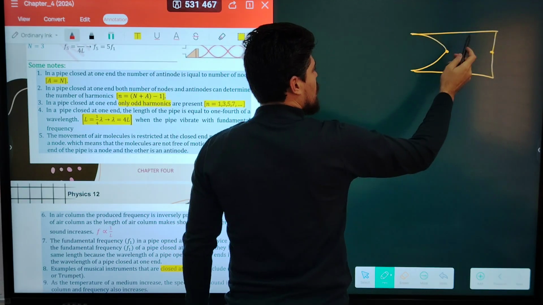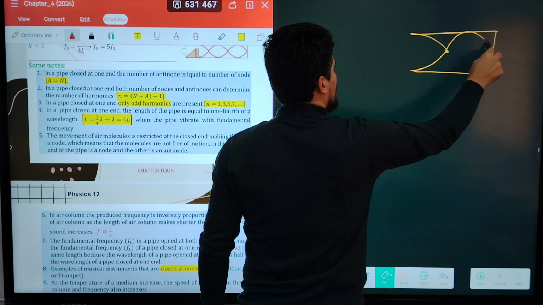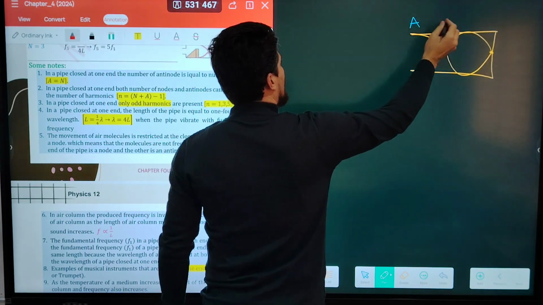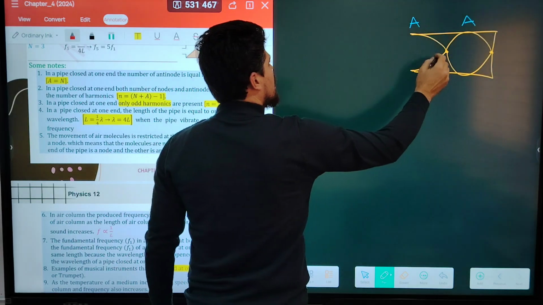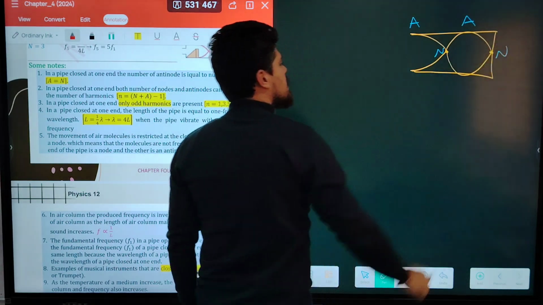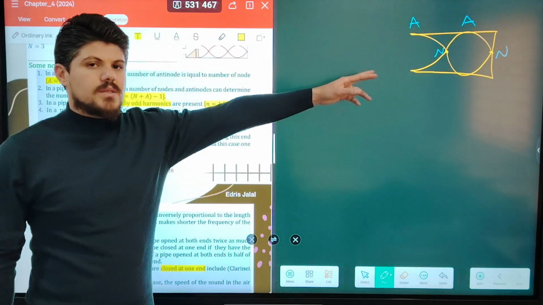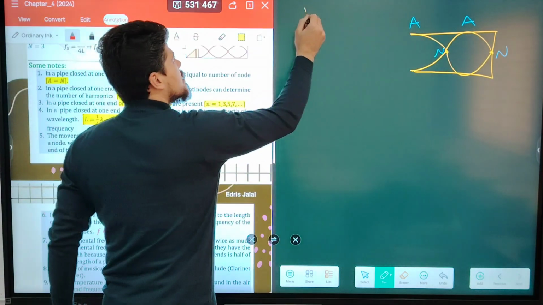This is a closed pipe at one end. Look, how many antinodes do we have? 1, 2. How many nodes do we have? 2. So this pipe is vibrating with which harmonic? This is the third harmonic. N is equal to 3.